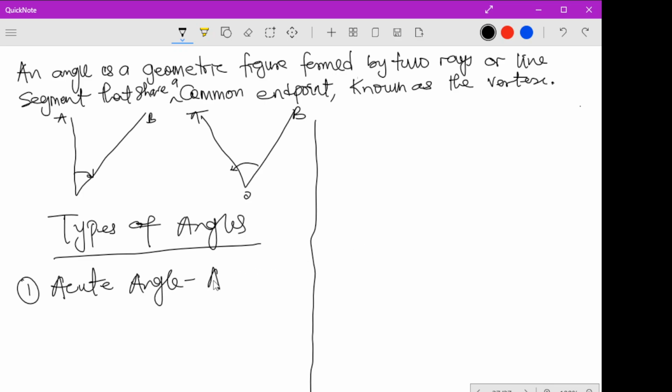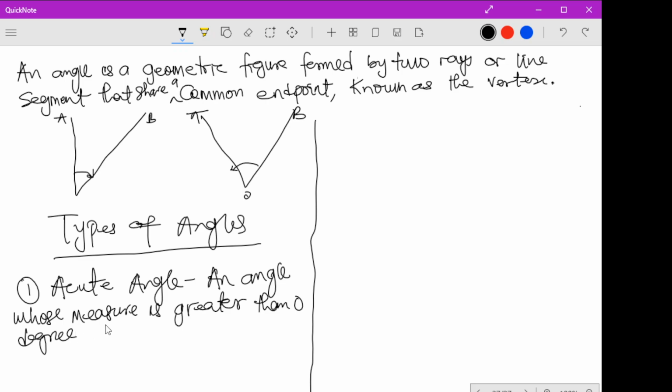An acute angle is an angle whose measure is greater than 0 degrees and less than 90 degrees.